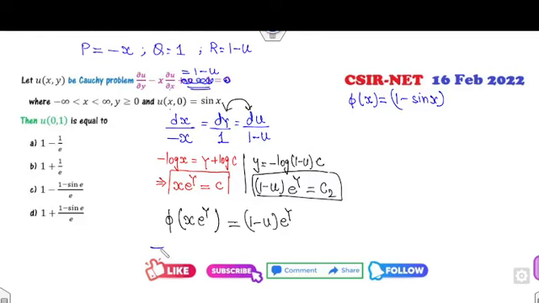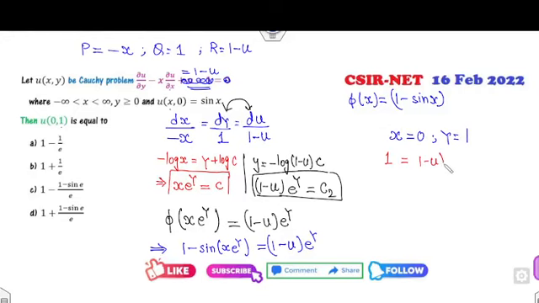So therefore I can substitute this value: phi of x is 1 minus sin x, with x being x e raised to power y, so 1 minus u times e raised to power y. Now your target is to find the value at x equal to 0, y equal to 1. Substitute this number: x is 0, that is 0, and y is 1, e raised to power 1 is e. So 1 over e times (1 minus u) will be 1 minus e. So A is the right answer of this problem.